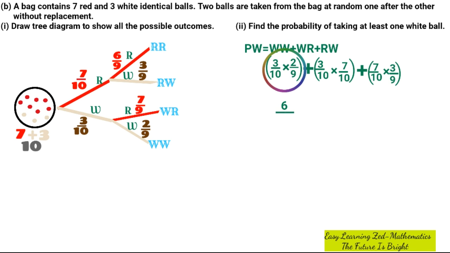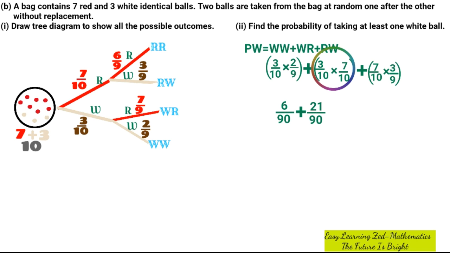So it will be 6/90 plus 3 times 7 will give us 21. I'm talking about the fraction I've circled. 10 times 9 gives 90, so 21 over 90. Remember that the 7 should be 7/9, not 7/10.